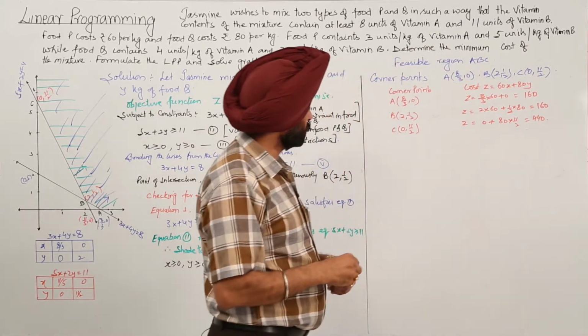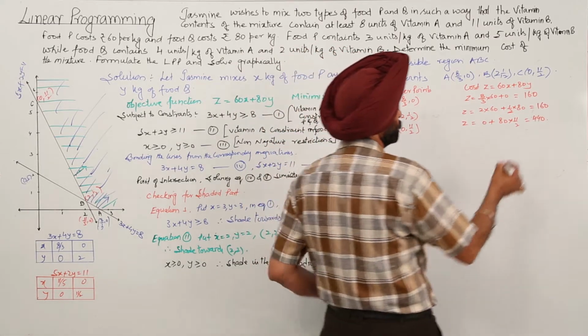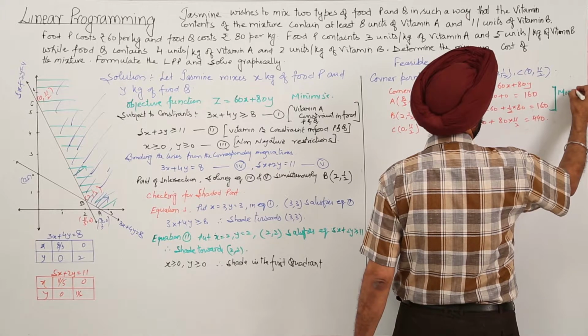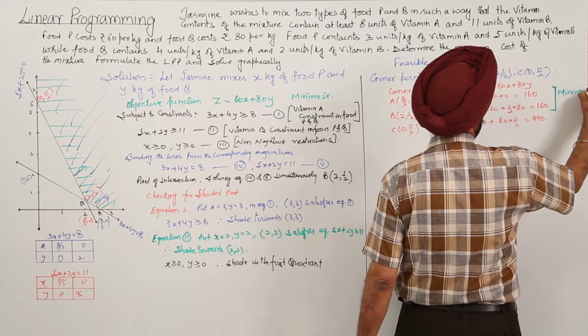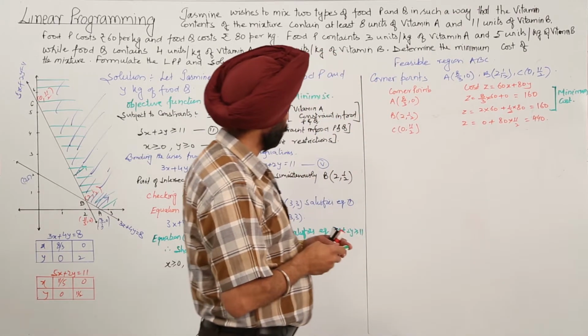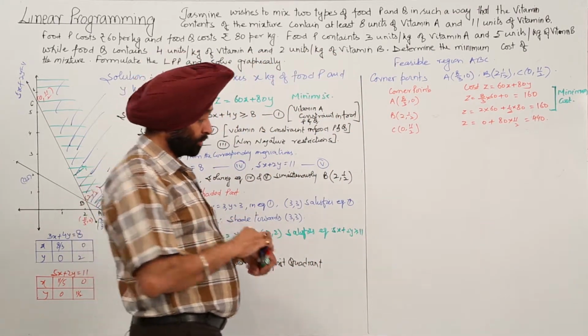Now the minimum cost we are having here is at these two points. Okay. Now the region is unbounded.